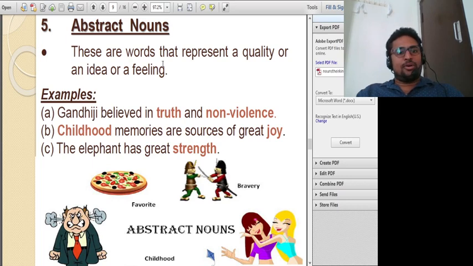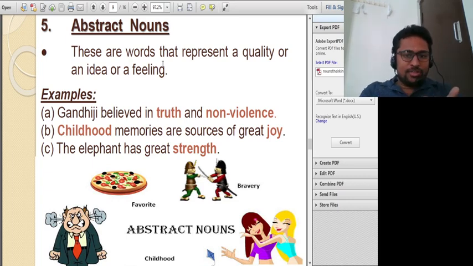So abstract nouns represent a quality, idea or feeling. Gandhiji believed in truth and non-violence. Truth is an abstract noun. Chair, plastic chair, bat and pen, these all come under material nouns.